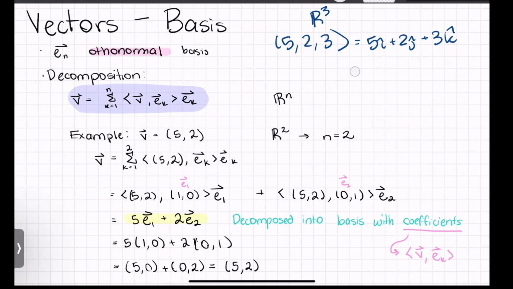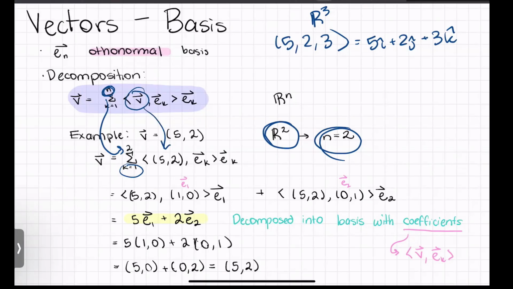So again, this makes more sense with intuition. Let's start working in the R squared space for simplicity, but this works for any dimension. So in the R squared space, we have n equals 2. So this n right here is going to become 2, and indeed it does right here. So the summation from 1 to 2 of our vector right here, 5, 2, dotted with our kth basis, times our kth basis.